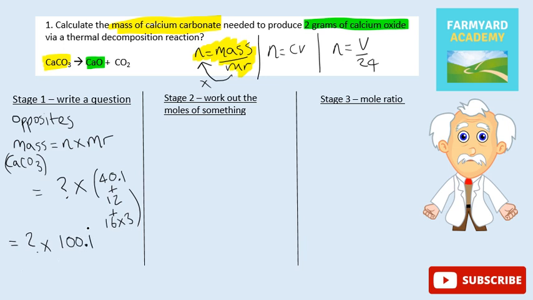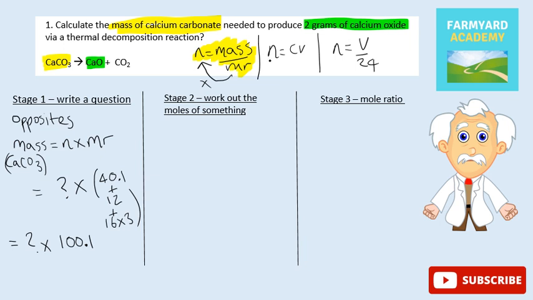All right, so we haven't got the number of moles of calcium carbonate, so that's why we move on to stage 2, which is to work out the moles of something that we've got information for. We could be using the liquid formula or the gas formula, but again we go back to the question, and the bit that's highlighted in green says 2 grams of calcium oxide.